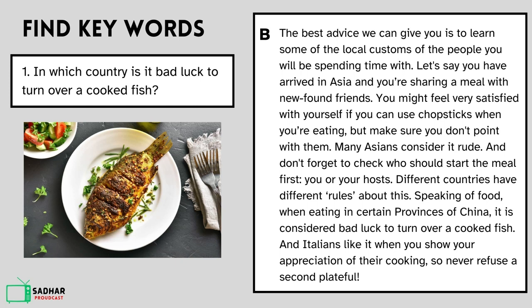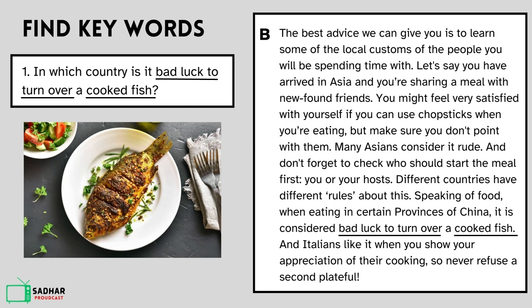Number 1. So we have the keyword cooked fish. And then we need to find the same keyword, cooked fish, in the passage. Then I choose paragraph B. And the next one is bad luck to turn over.